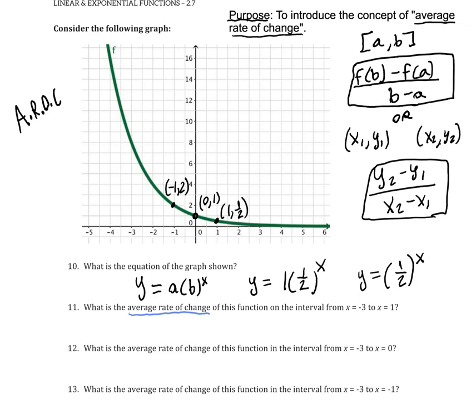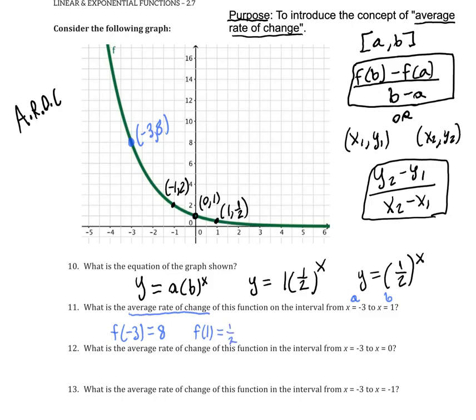So we need to first find the coordinates of this point here at -3, and that's (-3, 8). So in other words, if I want to use the first formula, f of -3 is 8. I'm sorry, that's f of a, and this is a, and this is b. And then f of b, f of 1, is 1/2.